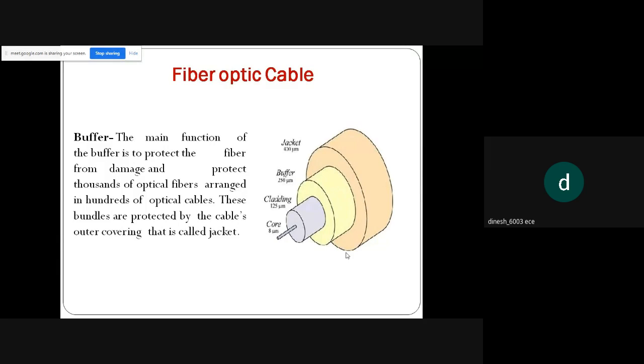So the next layer that is present after the cladding is your buffer.